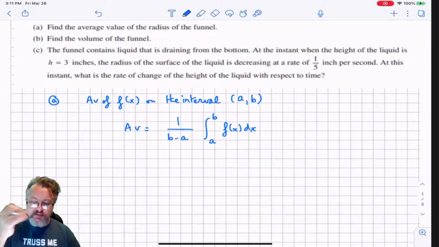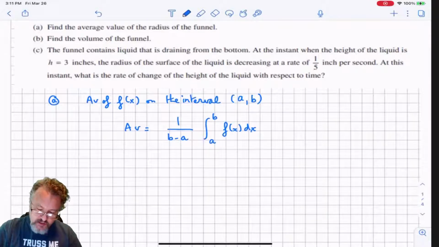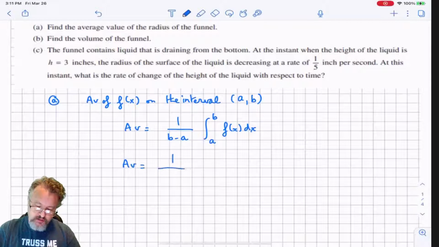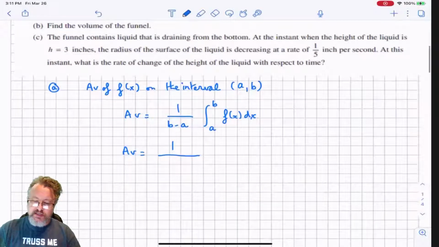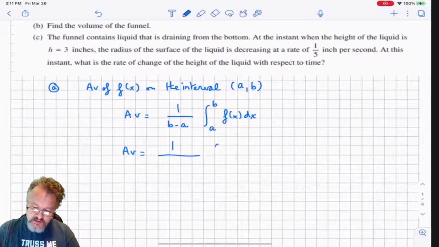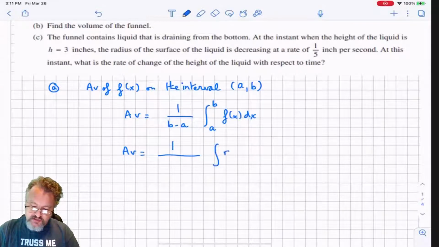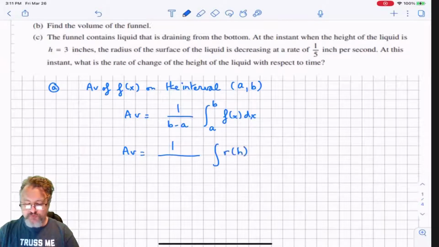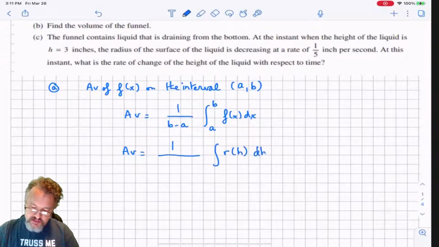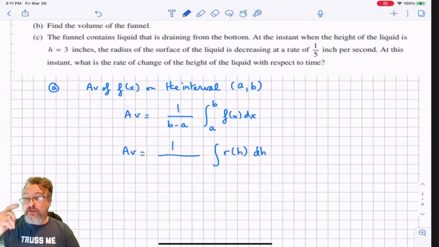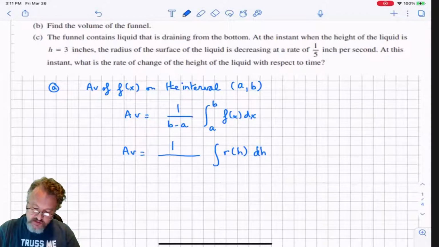So for us here, if we want to apply this idea to this problem, our average is essentially calculated by having the integral of the radius, which is a function of h, dh right here. Therefore we need to find the boundaries for h, which is from h equals 0 to h equals 10.